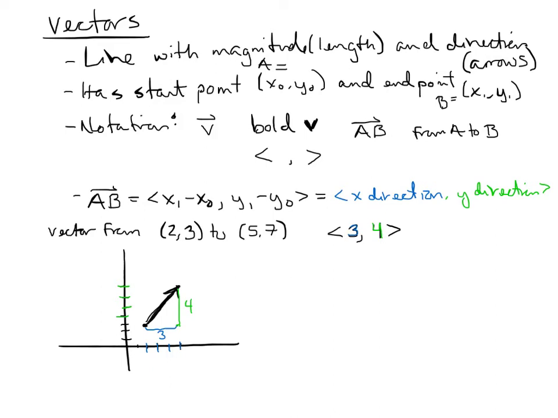All right, the length of this vector, so this vector also has a length to it, and the magnitude or length of a vector can be found using the Pythagorean theorem.